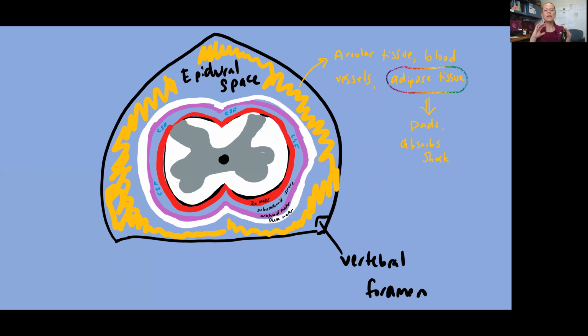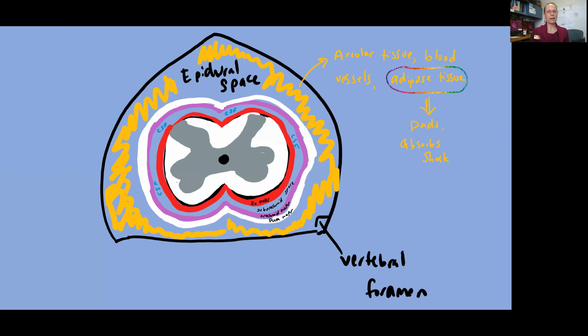You have then on the outside of the spinal cord what is referred to as the epidural layer. Epi is outside, upon. This layer is going to be this padding of areolar and adipose tissue primarily between the spinal cord and the bone.